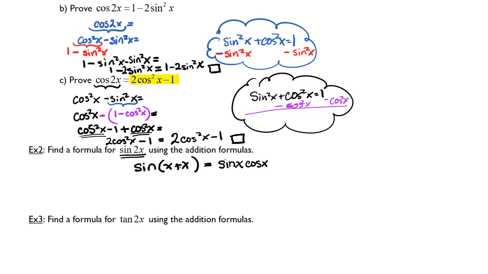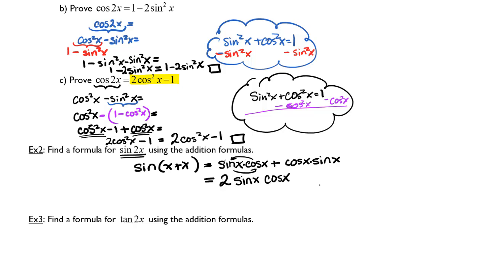The signs stayed the same, so if it was a plus here, it would be a plus between the products. And then cosine x sine x. If you recall, multiplication is commutative, so it doesn't matter which order the sine x and cosine x are multiplied to each other. Since the angles are exactly the same, we can rewrite this as 2 sine x cosine x.